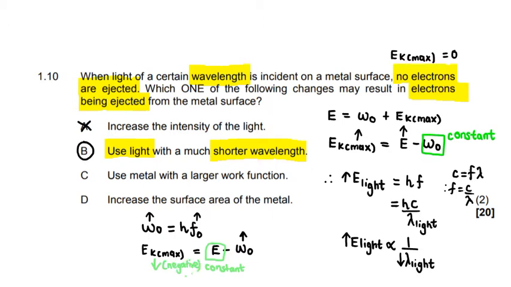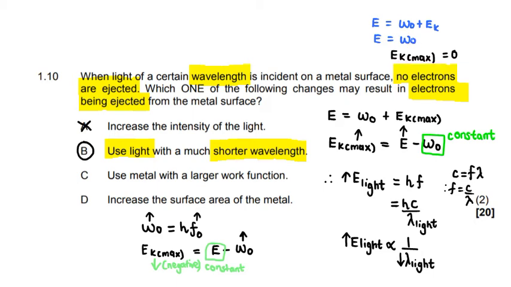Now this involves maths. How did I get to this negative? Well, before, the kinetic energy was 0. So when the kinetic energy was 0, it meant that the energy equals W naught plus EK. If EK is 0, then the energy is equal to the work function.